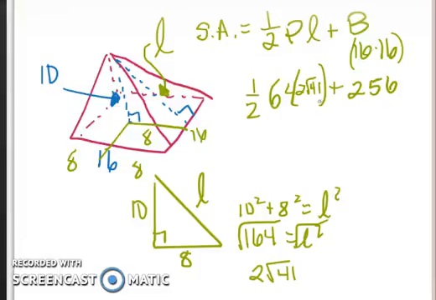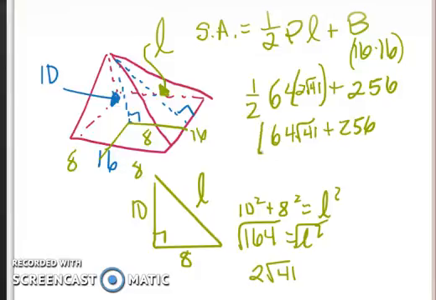Let's go ahead and evaluate. We're going to take half of 64, which is 32, and multiply that. When you put all that together, you get 64 rad 41 plus 256. If you want radical form, you could leave it like that. Don't worry about what form you're going to leave it in because it's multiple choice, and I'm pretty sure for almost all of these problems it's either going to be rounded or in terms of pi.